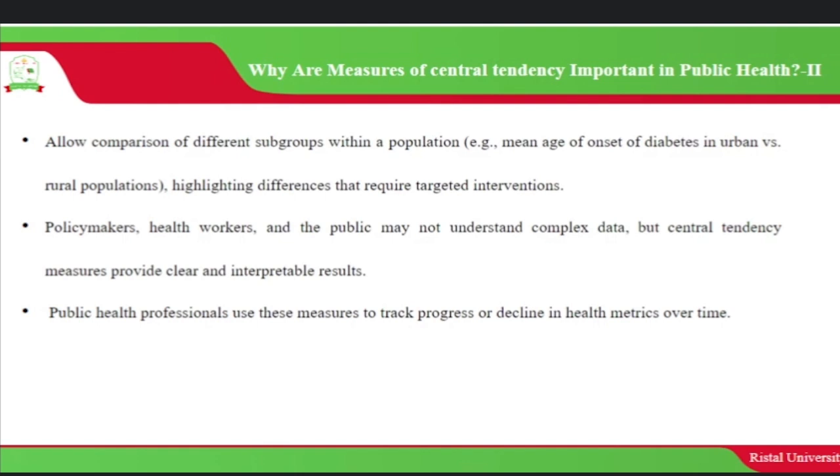And it can also help us to communicate findings easily, clearly, with simplicity to different stakeholders, because most of the policymakers do not understand statistics.